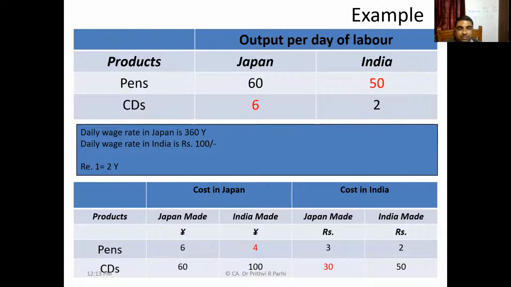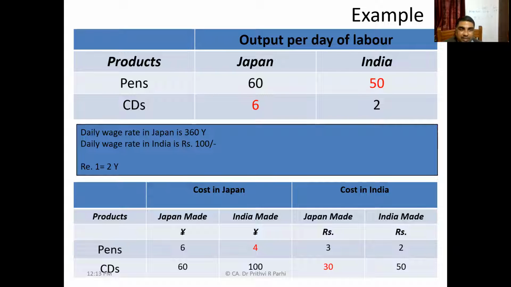Are you getting my question? What will be the cost of production of these 60 pens? No, total cost of production per day of labor, Japan is producing 60 pens.